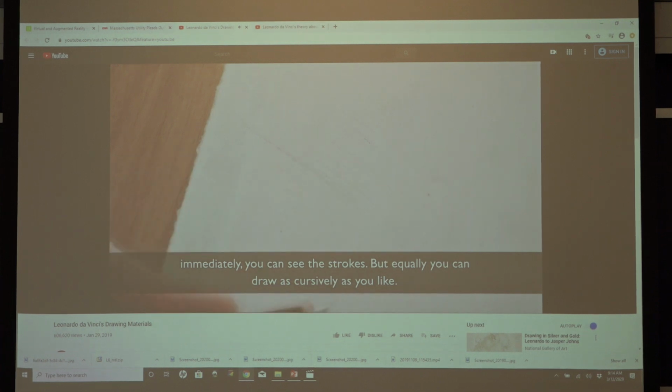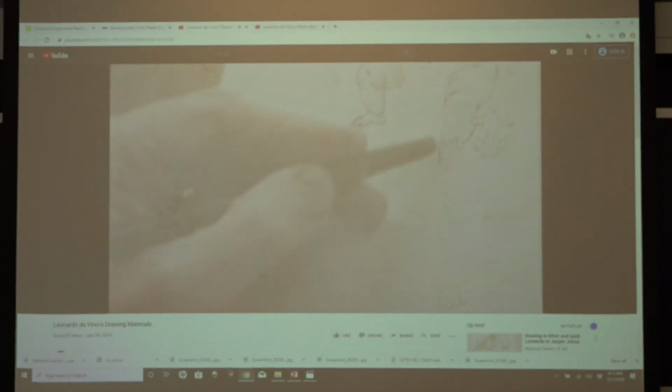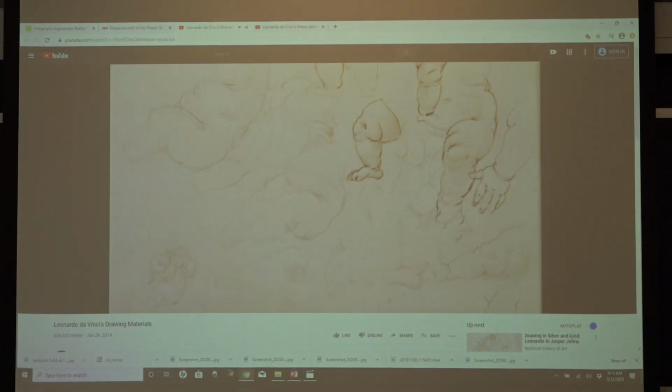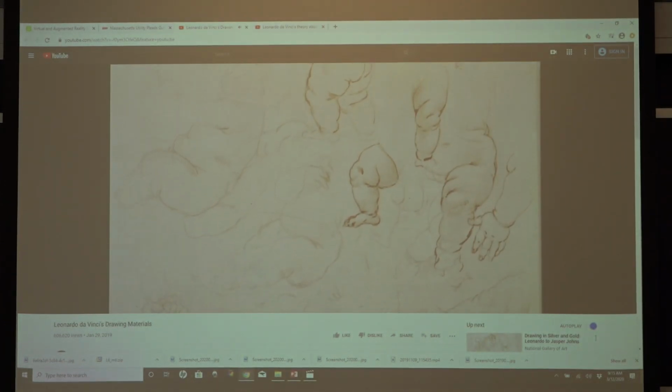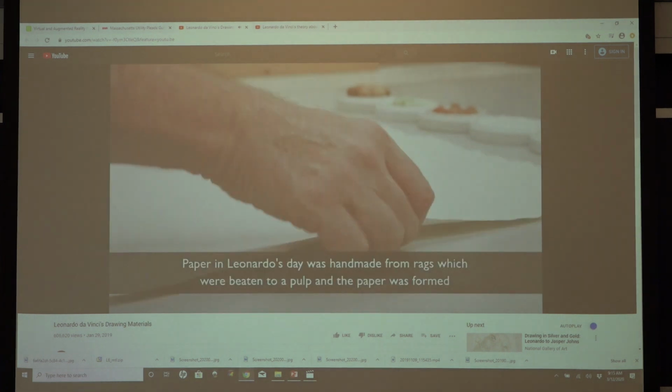So this technique would have been used for the sketchbooks. As you see here, some of the drawings that were visible in the sketchbooks.